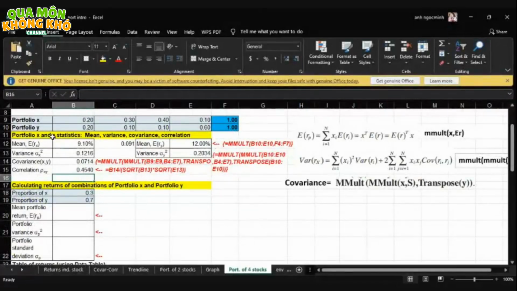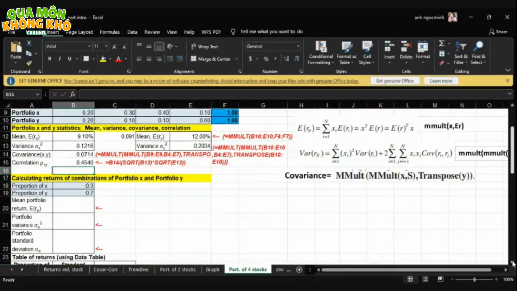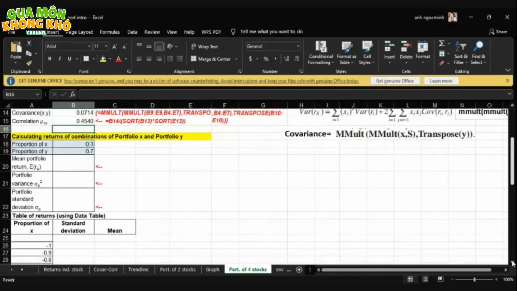This is just the simple portfolio, and the next is the combination of two simple portfolios, in which the proportion of portfolio X is 0.3 and the proportion of portfolio Y is equal to 0.7.